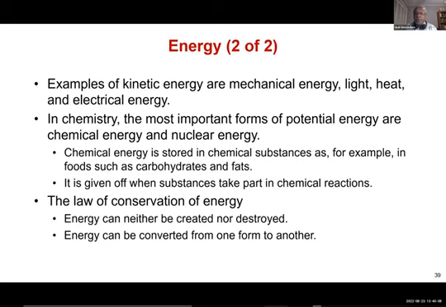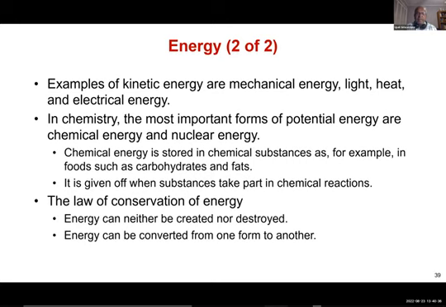Chemical energy stored in substances is used in energy production for our day-to-day things by burning carbohydrates, fats as we eat our food.